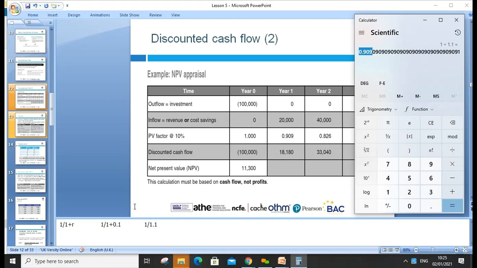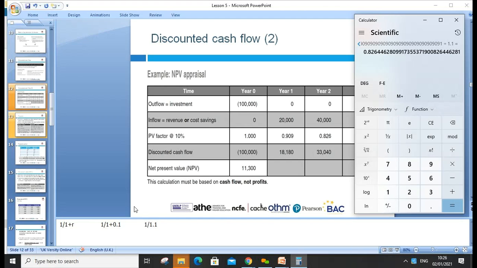So actually what will happen is, your £1 which we are investing in year 0 is 1, but after 1 year this will be depreciated to 0.909. You can say, rounded, it's 91 pence. Whatever answer you get, divide by 1.1, which is the denominator figure, because 1 is in the formula and 0.1 is 10%.